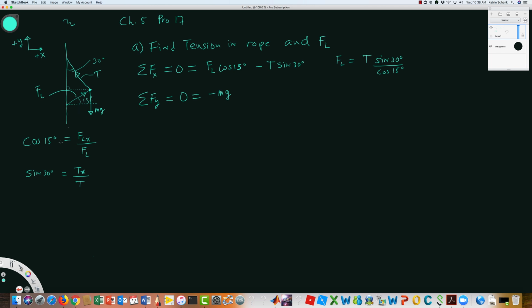Remember, sine of 15 degrees is equal to FLY over FL. So FLY is FL times sine, and that's in the positive direction, so plus FL sine of 15 degrees, okay?